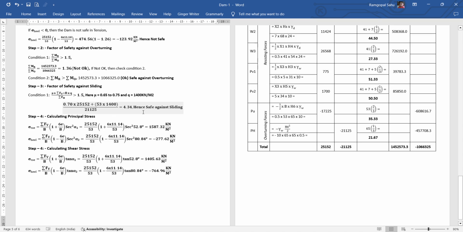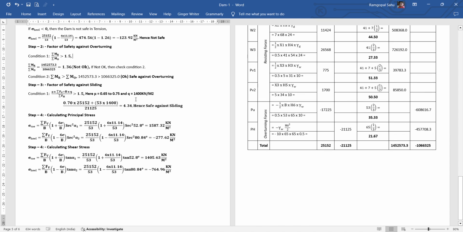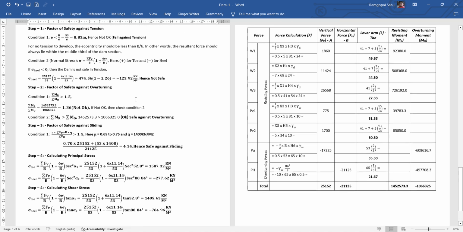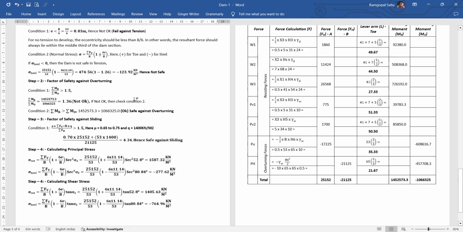Hence we can say the dam section is safe against sliding. In this expression, the value of mu ranges from 0.65 to 0.75, and in general it is taken as 0.7, and q is 1400 kilonewton per meter square. So our dam section is safe against overturning and sliding, but not safe against tension.